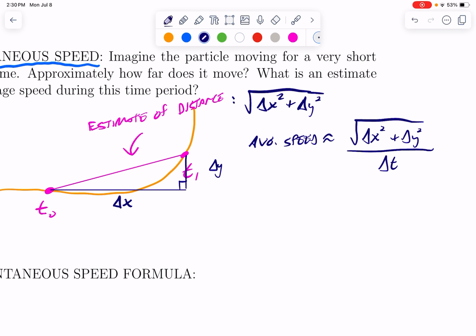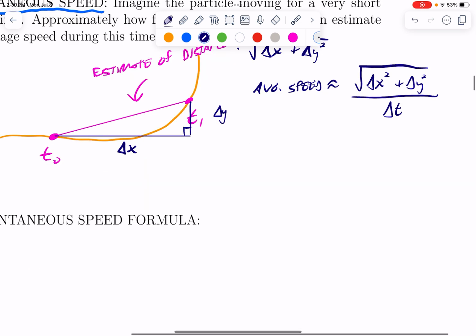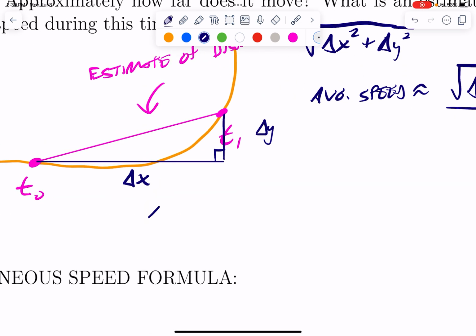Now, let's try to tie this to x and y separately. So x is a function of time, and we're assuming that x and y individually are differentiable functions.